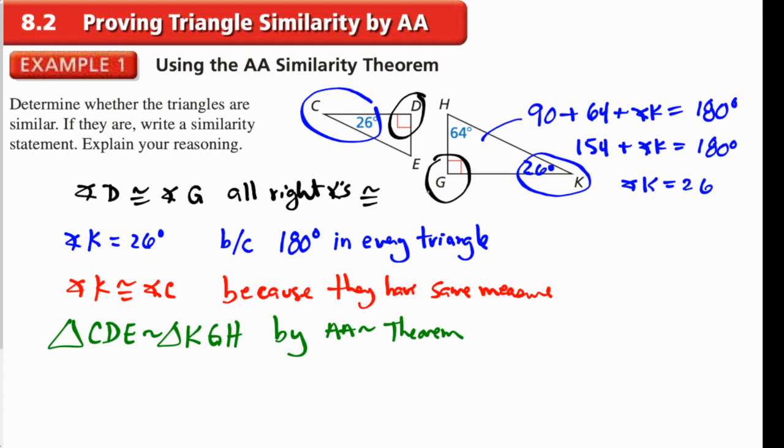So notice that I started with CDE. C is 26 degrees, D is 90, and then E is the third angle. And I said, well, let's start with the 26-degree angle in the second triangle. That was K. The 90-degree angle was G, and then H was the third angle. So we got the order correct. Remember, order is important when writing similarity statements.